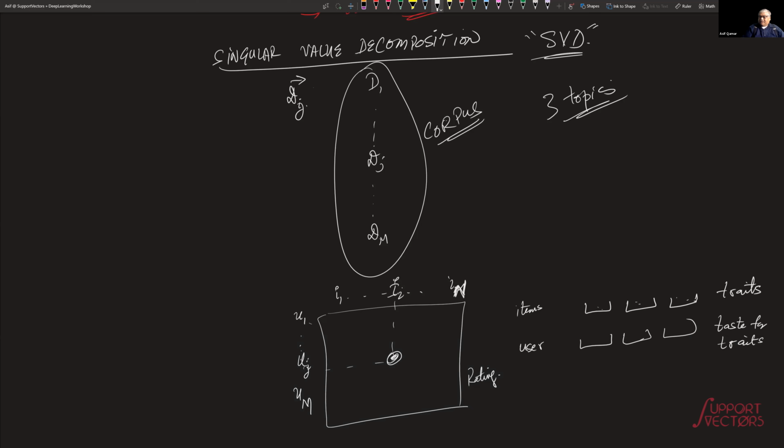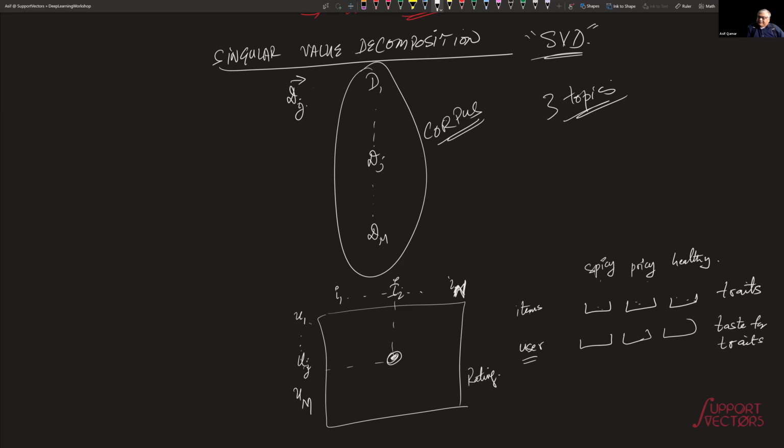So for example, let's say that the item is food. Spicy is one of the traits of that item. Pricey, and what else can we do? Health value, how healthy. So if you're looking at food, spicy, pricey, and healthy are probably 2-3 attributes of any food item, right?